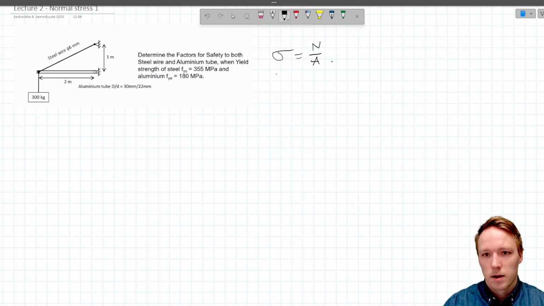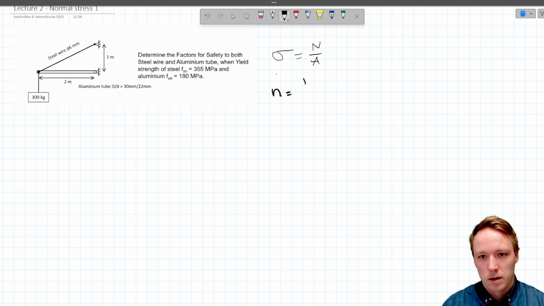And then the factor of safety, N, is sigma critical divided by sigma allowed.